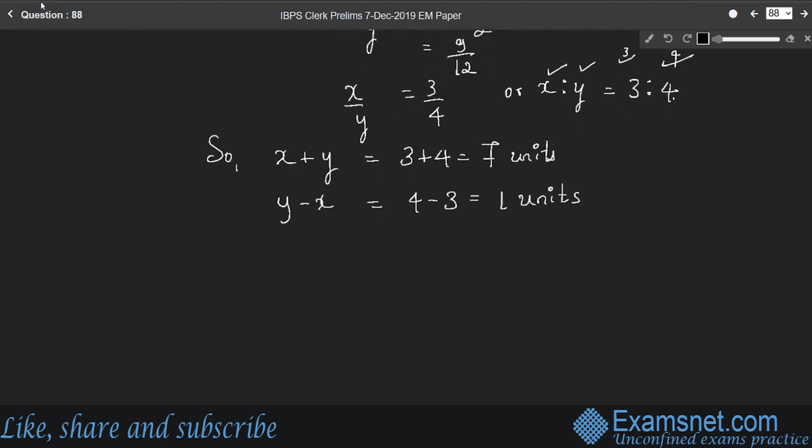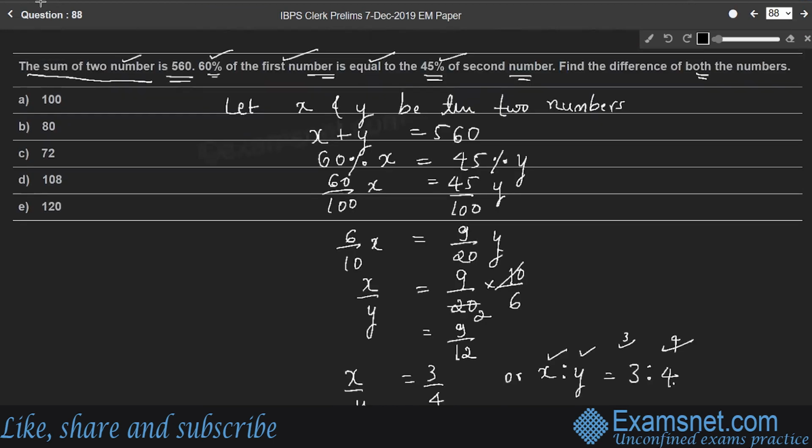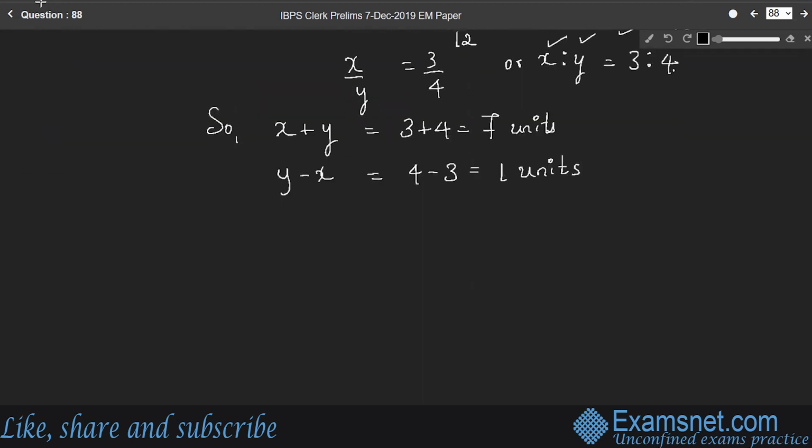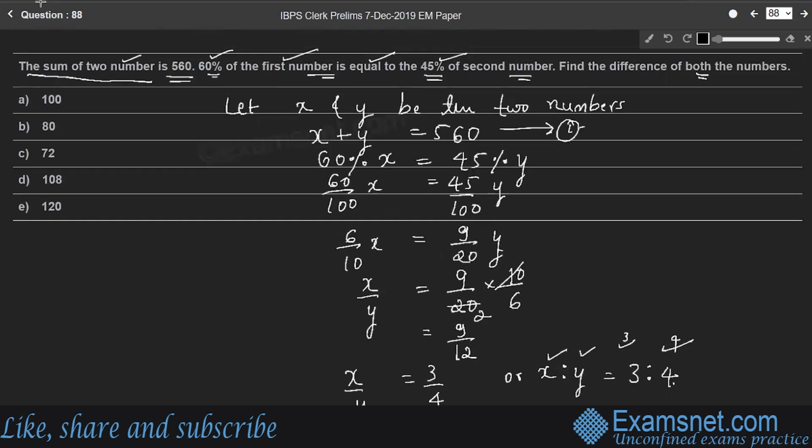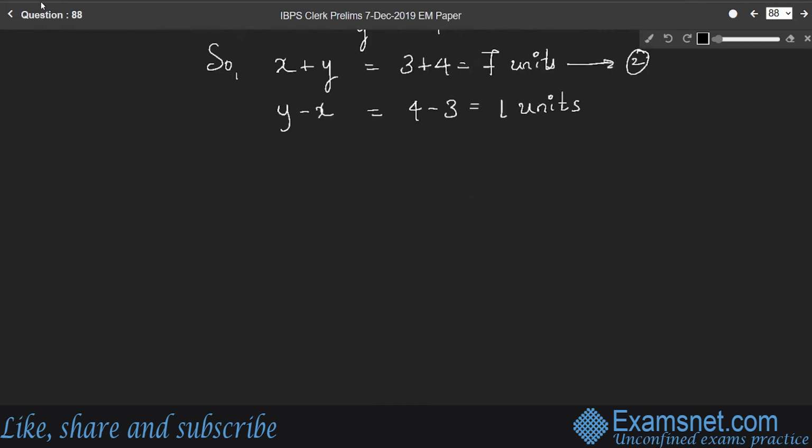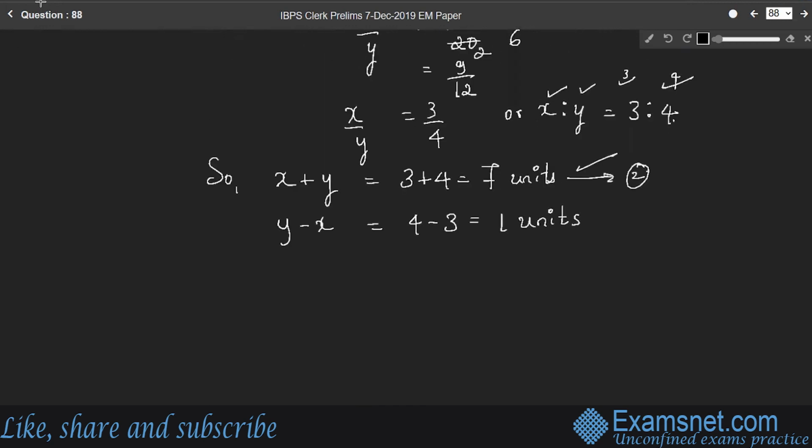Also, by the first part of the question, the sum of the two numbers is 560. Here X plus Y is equal to 560. Here X plus Y is 7 units. So we can equate 560 is equal to 7 units. Do you agree, students? 7 units is equal to 560.